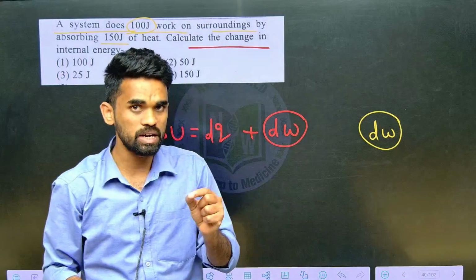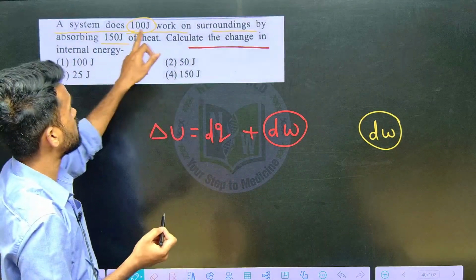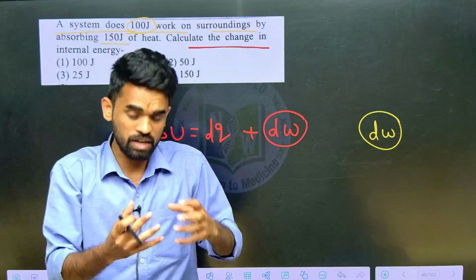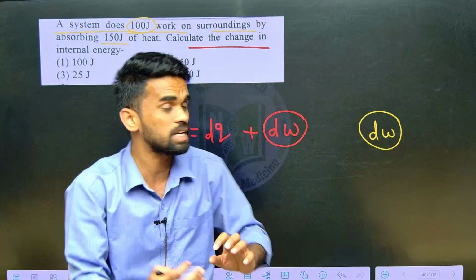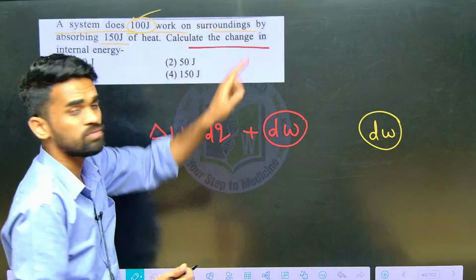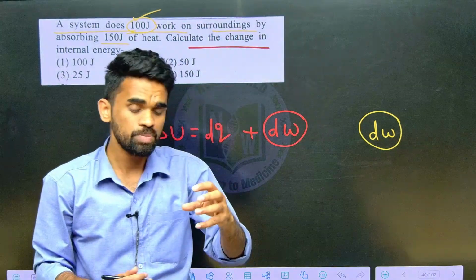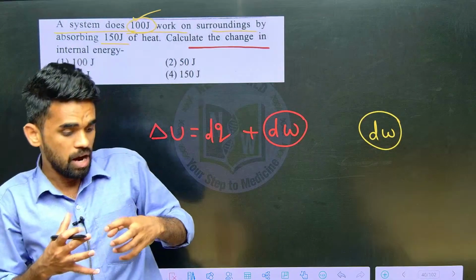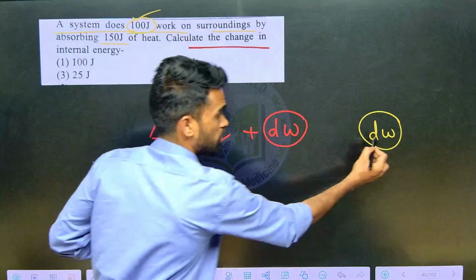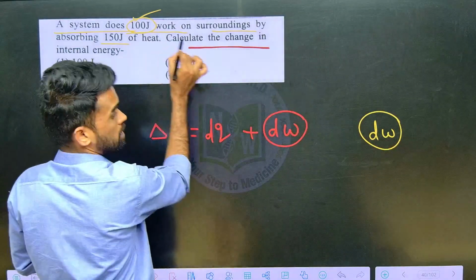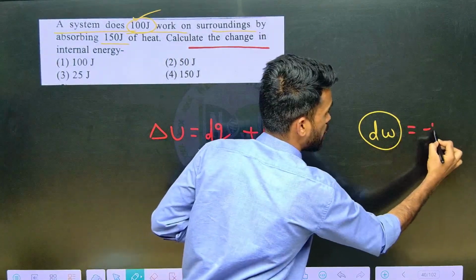The system does this much work, which means work is done by the system. How much work is it doing? 100 joules of work. So from that system, 100 joules of energy is given out as work. Work done by the system should be taken as minus 100 joules.